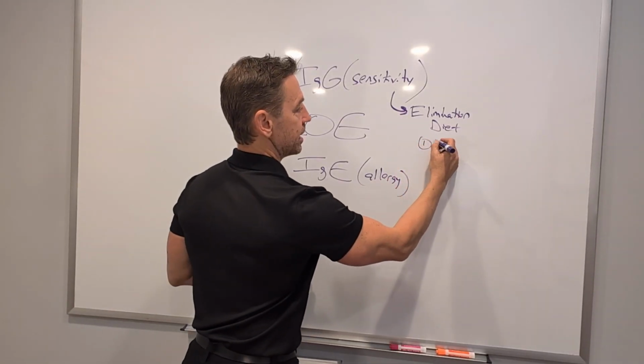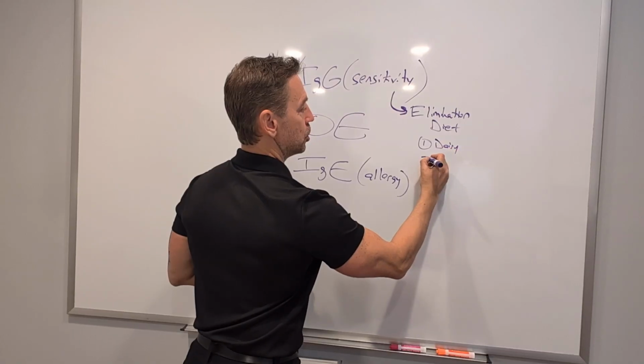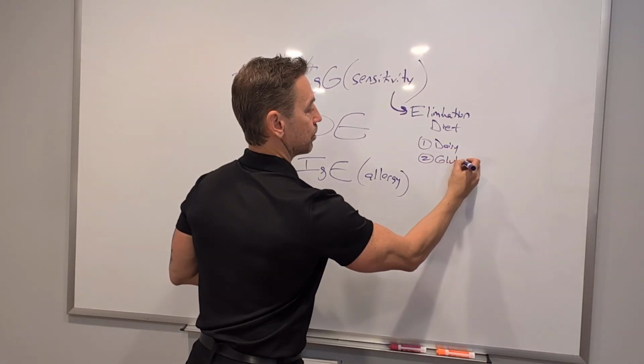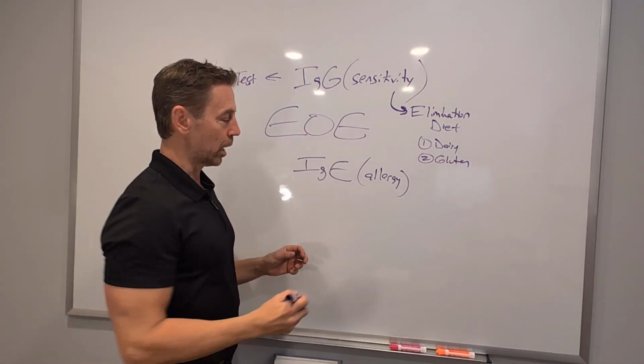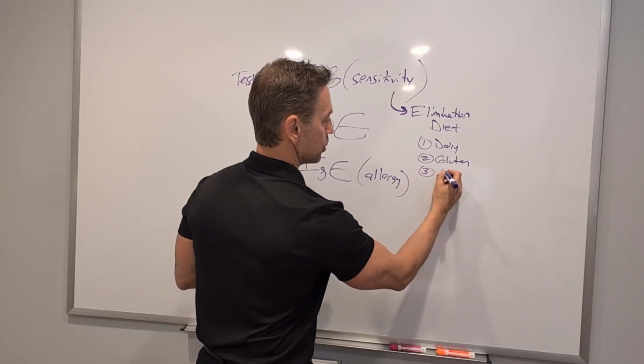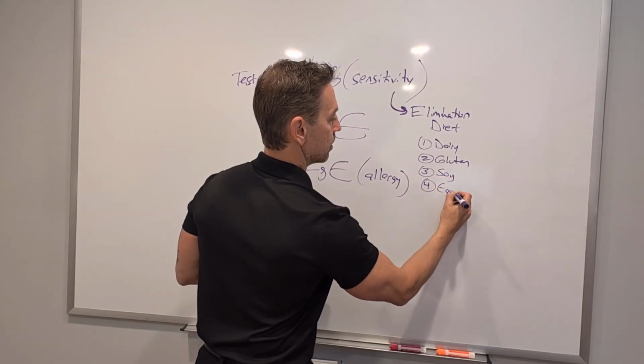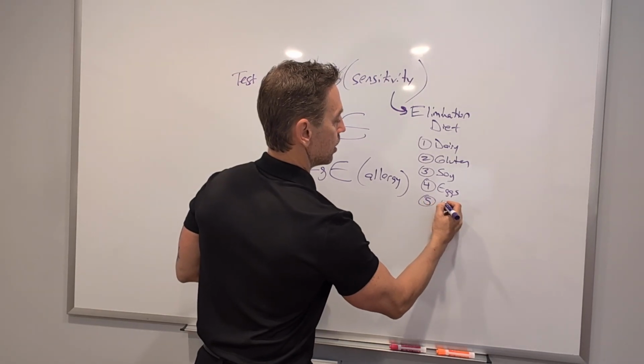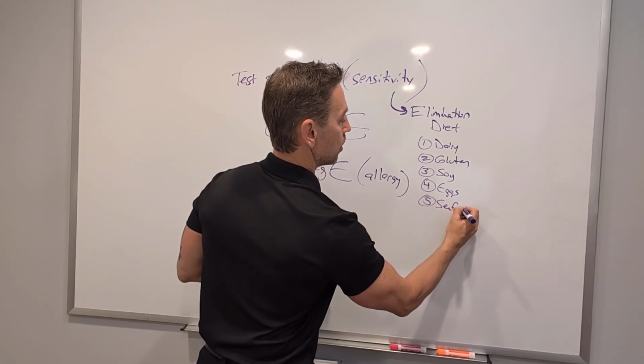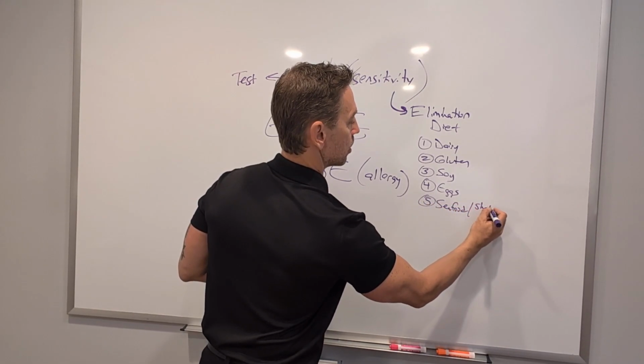1, dairy. 2, gluten or wheat products. 3, soy. 4, eggs. 5, all seafood and shellfish.